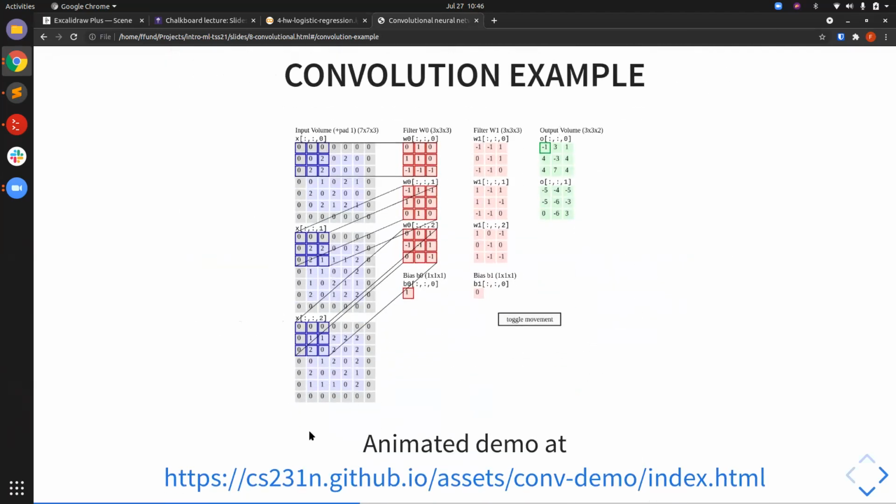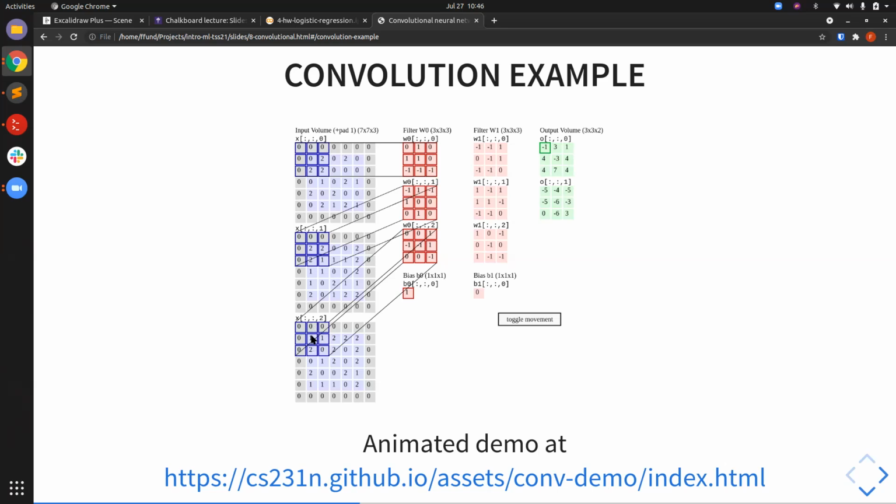Here's an example. You can look at an animated demo at this link later if you're interested. Here you can see, for example, we're computing this part of the output volume. It's the first output volume, corresponding to the first set of filters. Adding this all up, we can see this filter contributes, these are the only 2 non-zero terms, -4. This filter contributes, this is the only non-zero term, +2.